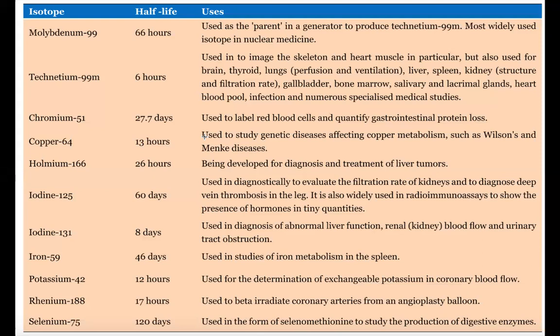For example, iodine 131. That isotope is used in the diagnosis of normal liver function, renal or kidney function, and blood flow, and urinary tract obstruction, for example.